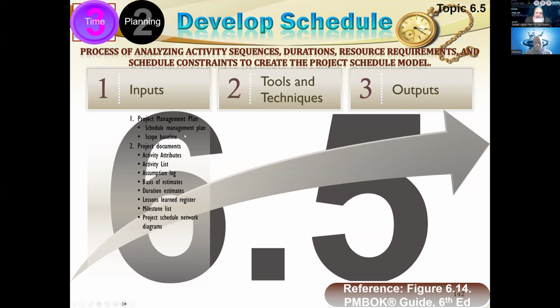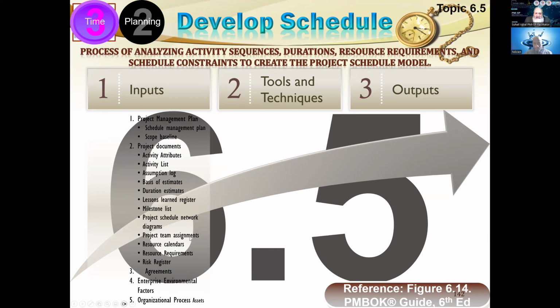Then we will have other project documents which we have created and stored in our document archive. We had calculated the activity attributes, activity names and list, assumption log, basis of estimate, and established the rules for calculation, duration estimates, lessons learned, milestone list, schedule network diagram without any critical path, team assignments, that is, when the physical and human resources are going to be available.